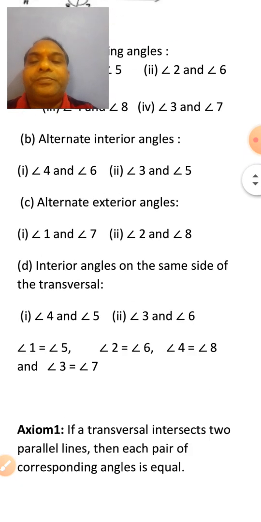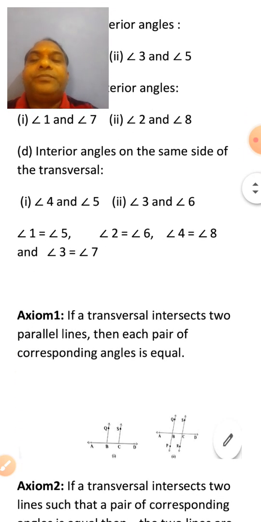Now, axiom 1. If a transversal intersects two parallel lines, then each pair of corresponding angles is equal.